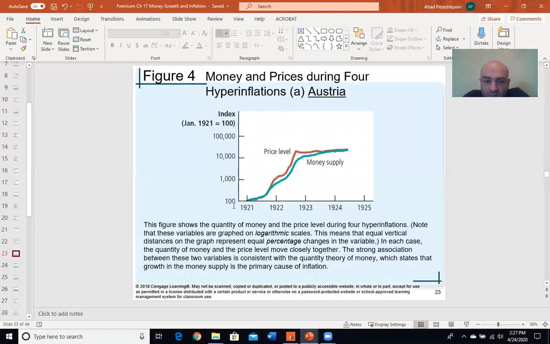Let's look at Austria. You can see here we have the price level and money supply. You can see that from 1921 to 1922, in one year, the price level went from 100 to almost 1,000. And then next year it went to 10,000.